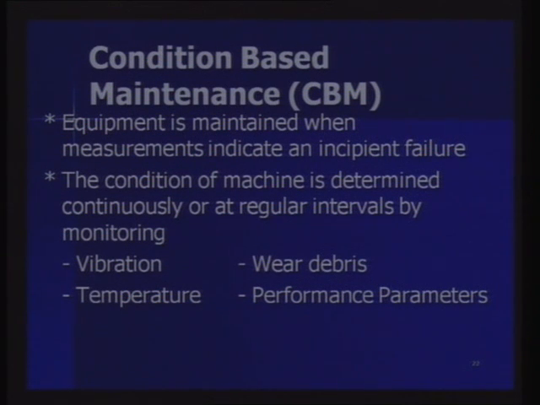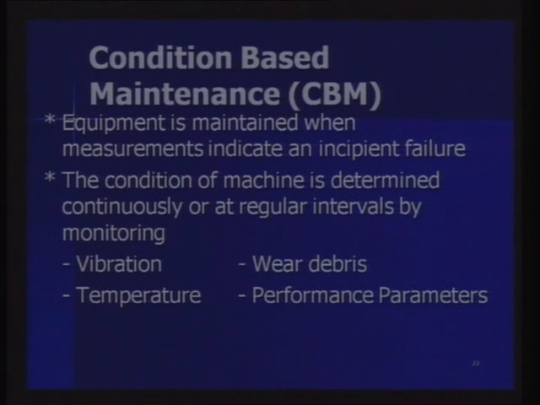Condition based maintenance: equipment is maintained when measurement indicates an incipient failure. The condition of the machine is determined continuously or at regular intervals by monitoring certain conditions. These conditions will be related to vibration, temperature, wear and tear, performance parameters. So we should have a certain mechanism to acquire this data from the equipment.